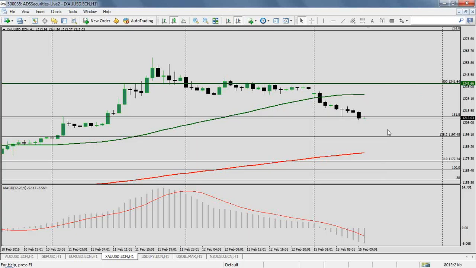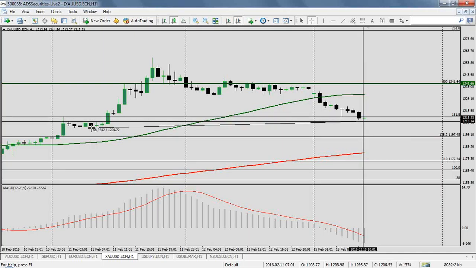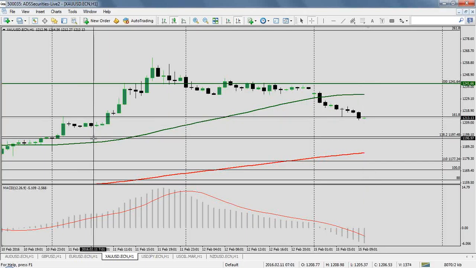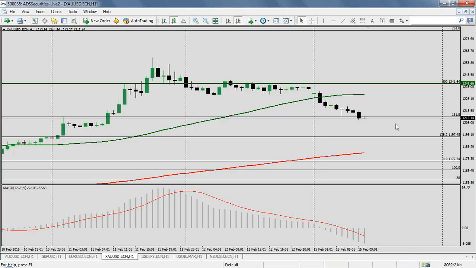Meanwhile, if we see a break below the current level, basically the previous hour's lowest low, we will see the pair going first to 1,204 level, and from there onwards we will see the final target at 1,197.98 levels. This will be our bearish entries, but for now, because of last week's overall developments, I would stay away from gold. I wouldn't really trade gold today.